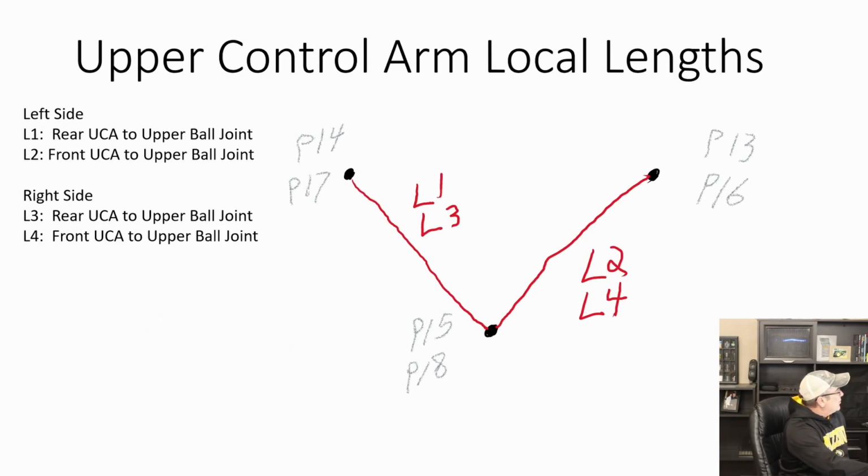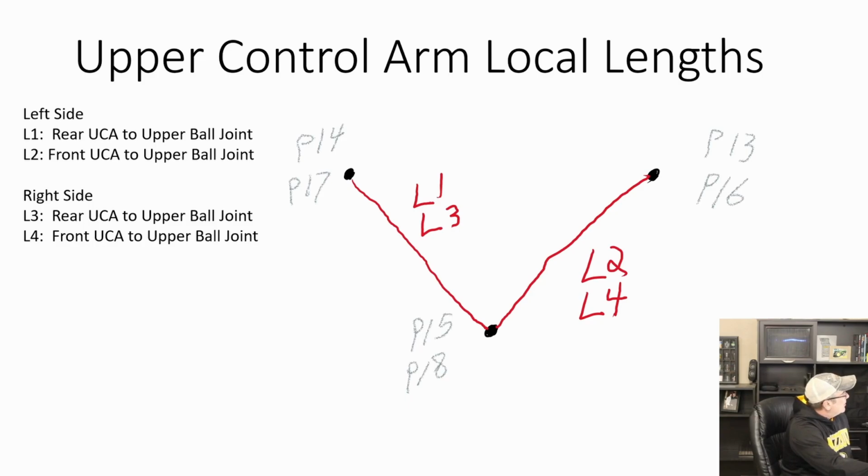So for the upper control arm, for example, just simply the distance between the front mount and the upper ball joint. Same thing for the rear, the distance between the rear to the ball joint. But I just gave each one of those links, again, a numerical identification, just so we can map out these values that we're going to use later on.